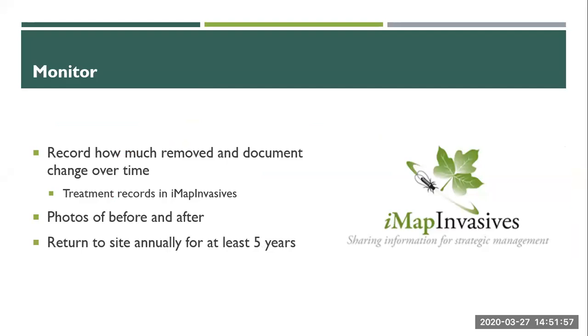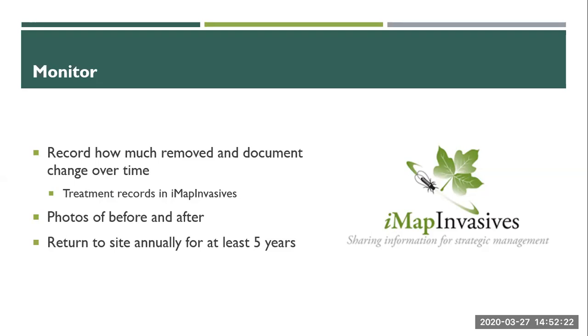So after a plant is removed and disposed of properly, it's really important to monitor the area that you conducted this management. So there's an app called IMAP Invasives. It's a very useful tool for monitoring the spread of invasive species, and you can also monitor your progress in management.